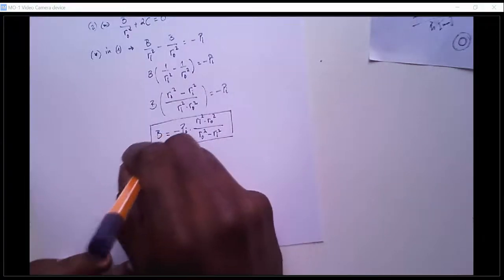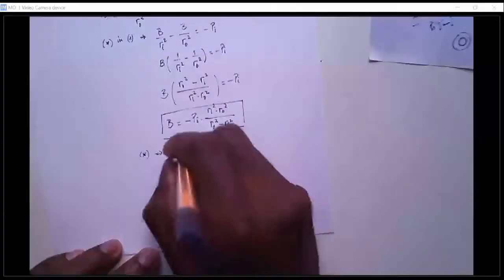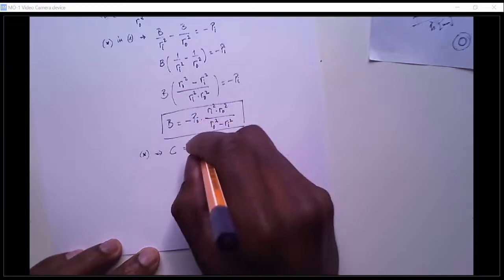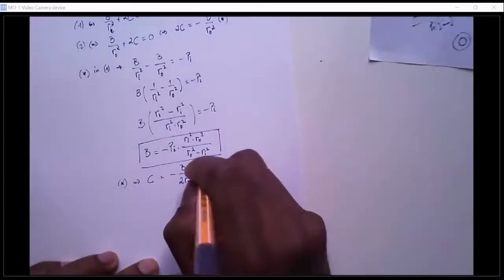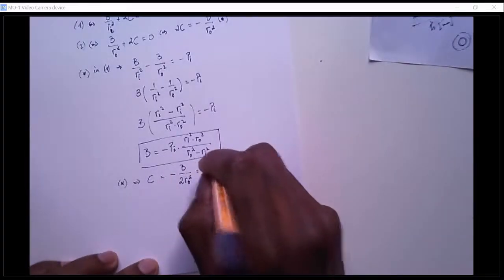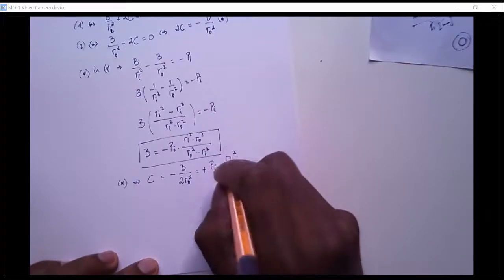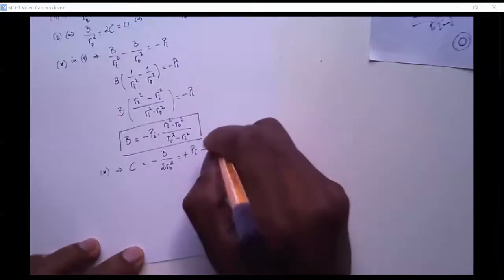With the asterisk, we can figure out what c is. 2c is minus b divided by ro squared. So c is then minus b divided by 2 ro squared. That is minus b, that means plus pi times ri squared, ro squared minus ri squared.